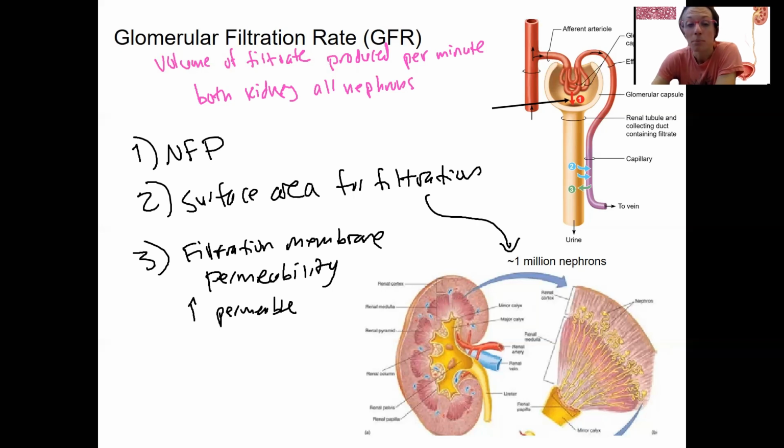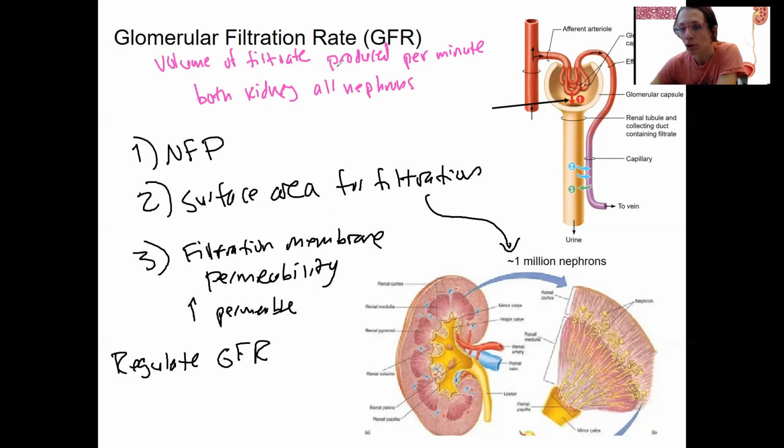So this is going to be regulated. So we're going to regulate GFR by both intrinsic regulation in the kidney and extrinsic, so by the nervous and endocrine systems. Why do we want to regulate this? This is going to determine urine production, right?